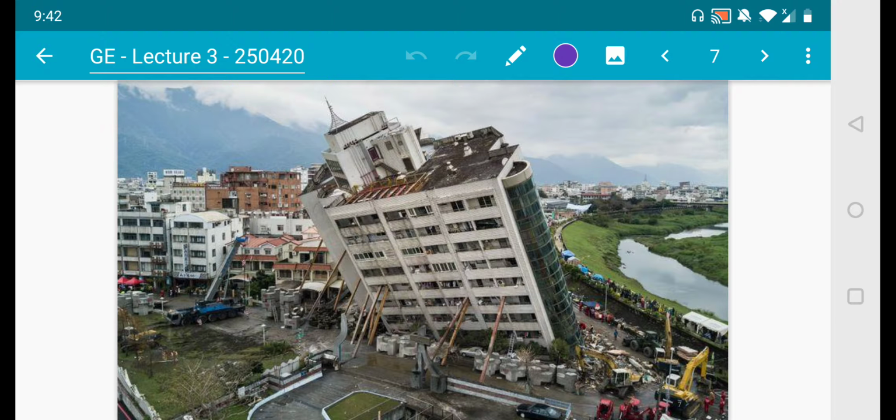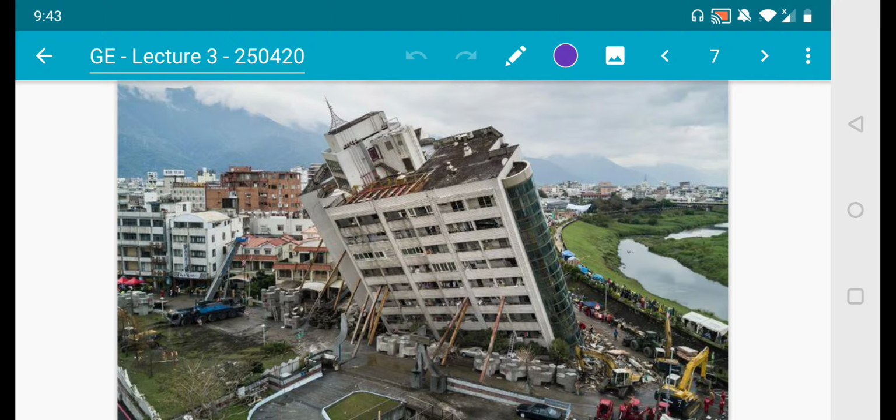This is a case study in China. As a geotechnical engineer, if you're given a picture, you should know how to observe and interpret the cause of this tilting or toppling.